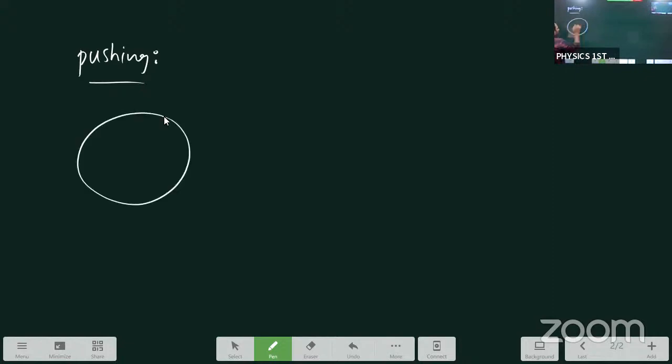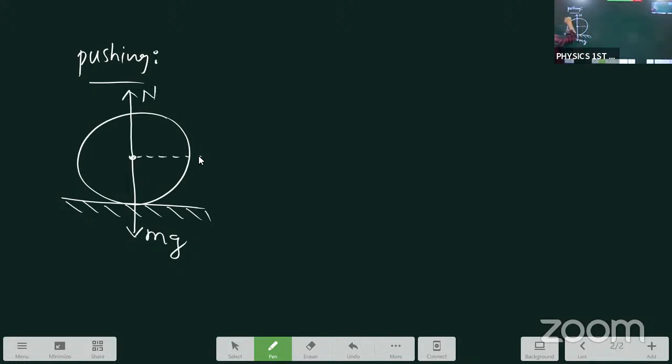Again a diagram: the same lawn roller on a horizontal surface. mg downwards, normal reaction upwards. Pushing like this, capital F. This is pushing, this is pulling. Capital F is divided into two components, students.